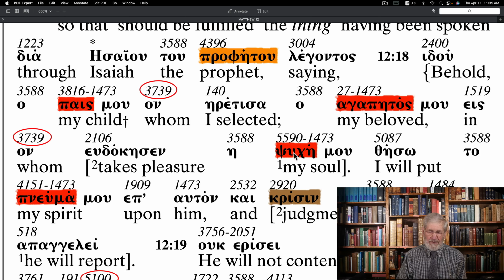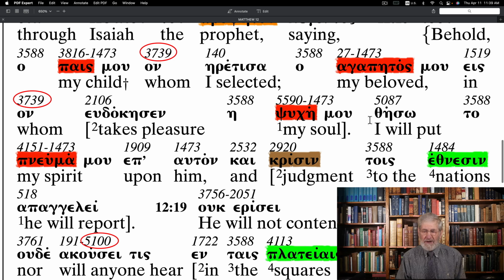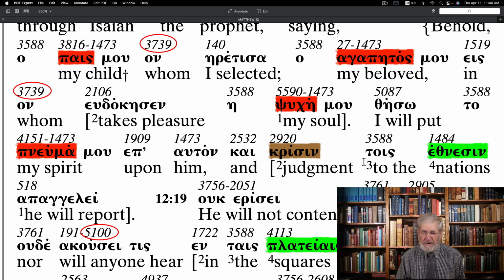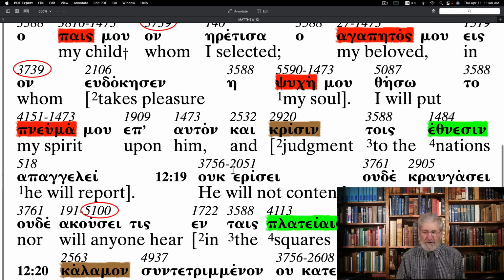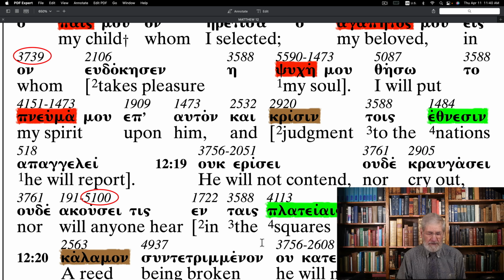Now this is interesting because we're talking about God speaking here, and it continues, thEso to pneuma mou ep' auton, I will put my spirit upon him, so his soul, and he's going to put his spirit, pneuma, upon him. Kai krisin tois ethnesin apangelei, and he will report judgment to the nations.